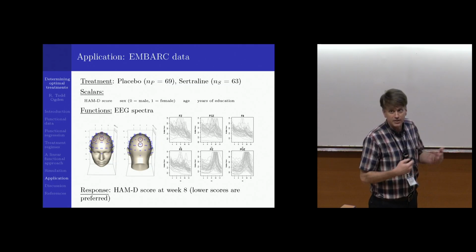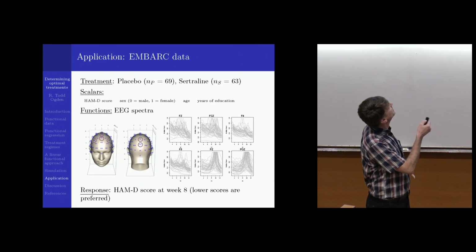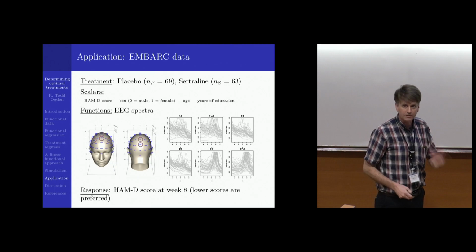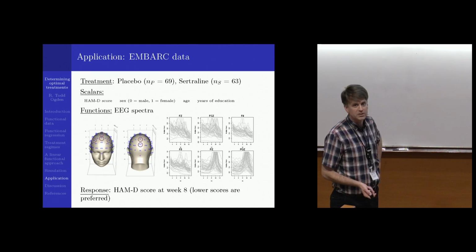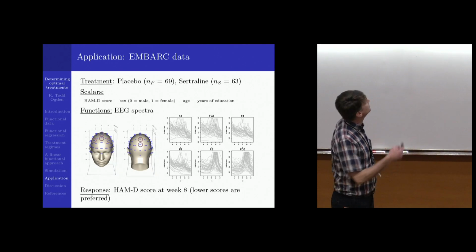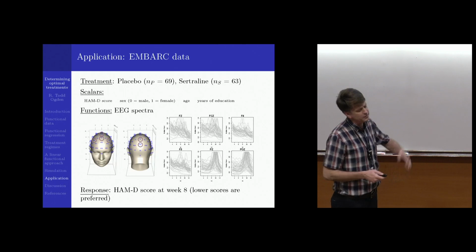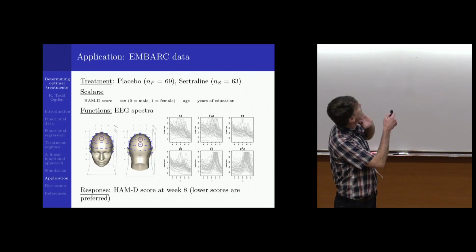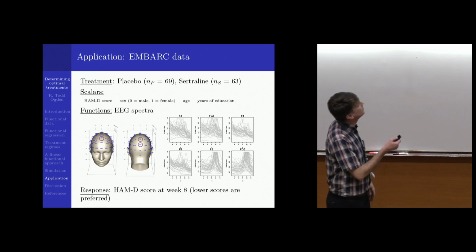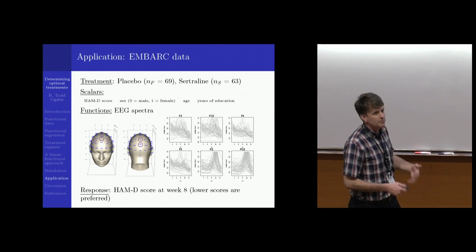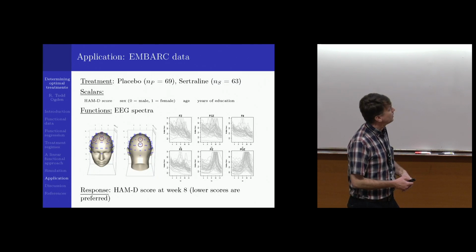We have the initial depression severity measure, and then sex, age, years of education. So we've got 4 scalar predictors, and then we've got 6 functional predictors. These are from an EEG study, where they identified 6 specific electrodes that are thought to be predictive of how well a patient does on treatment.